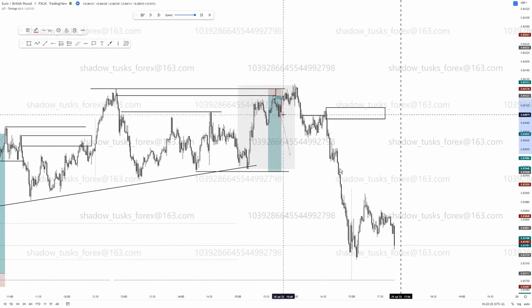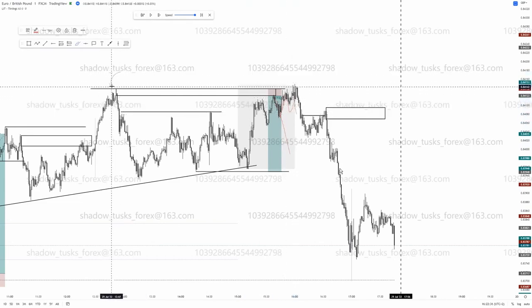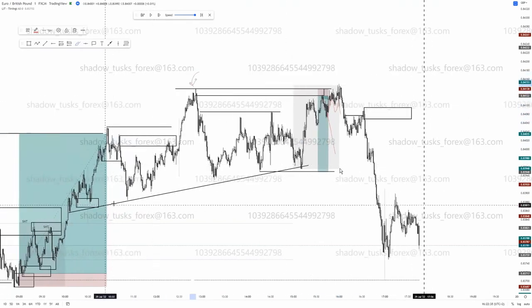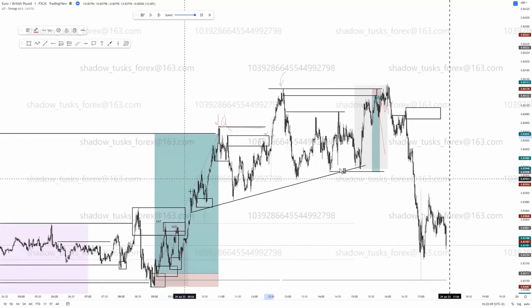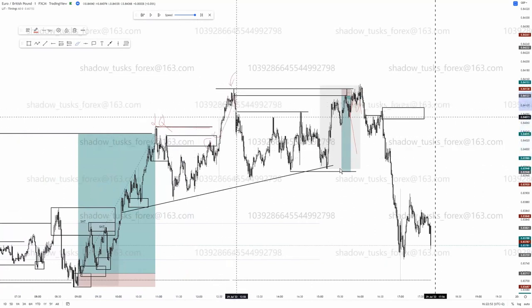Just drop. You have to realize that if it comes back into the zone multiple times on this, which is not the nicest inducement because we haven't had the false reaction here, we've just built some liquidity, not really given a nice false reaction, and then just made a new high.